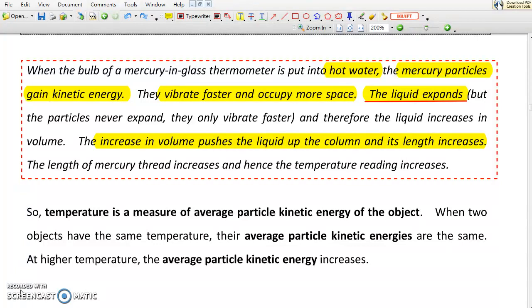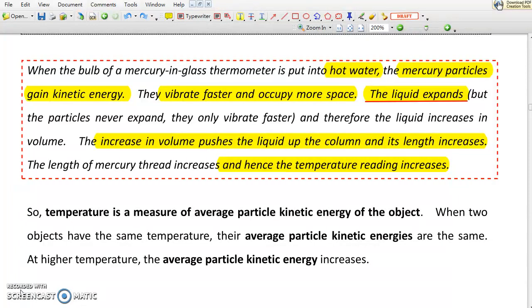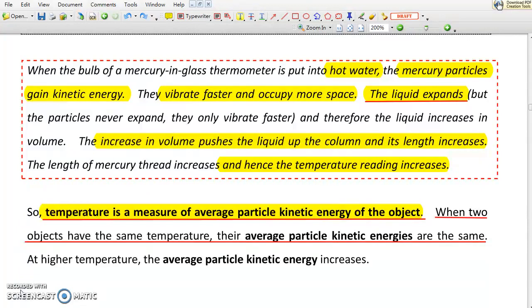The increase in volume then pushes the liquid up the column, and then the length of the mercury column increases, and that's why the temperature reading increases. So the temperature reading is actually a measure of the average particle kinetic energy. When there are two objects with the same temperature, that means they have the same average particle kinetic energy.